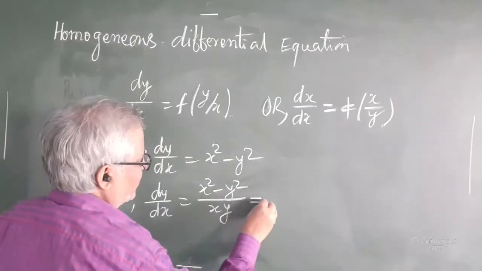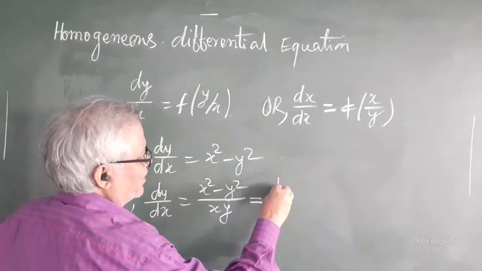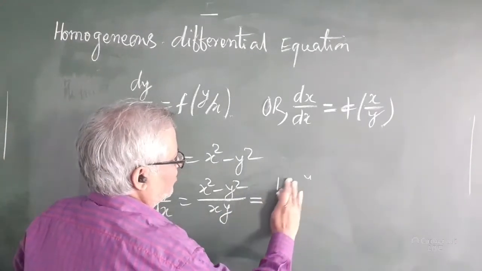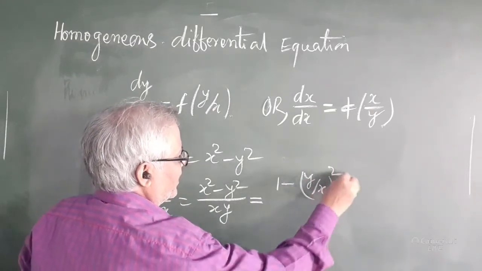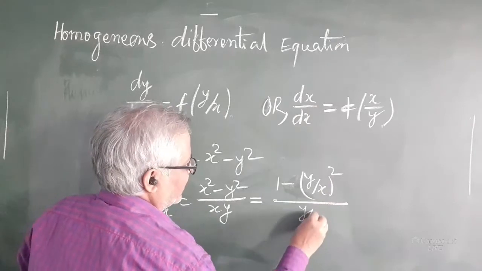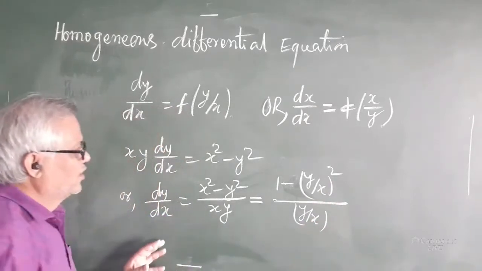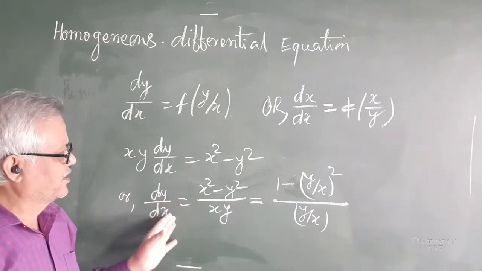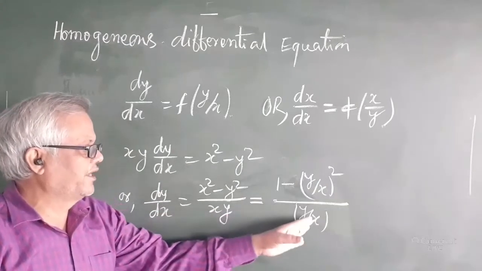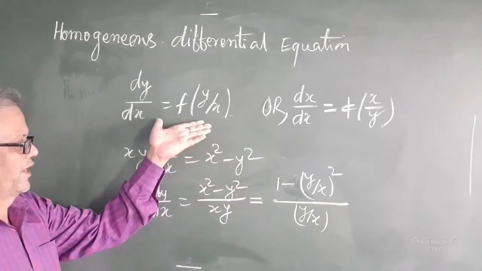Now dividing the numerator and denominator by x square, it will reduce to the form of 1 minus y by x whole square divided by y by x. So you can see that dy by dx is expressed in terms of y by x, so it is a function of y by x.